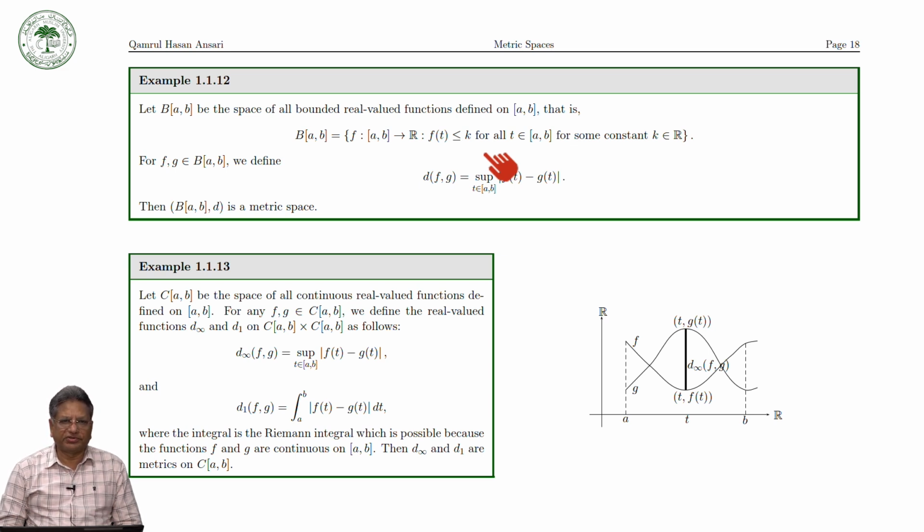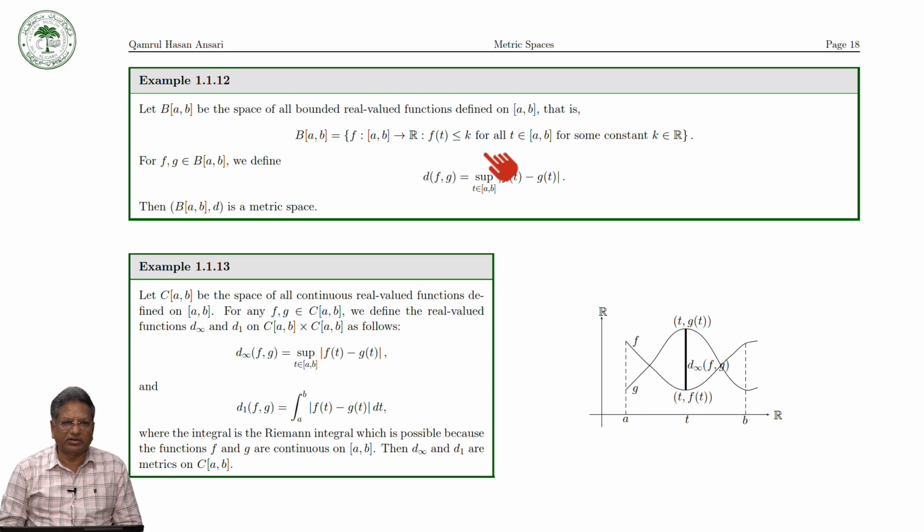As we have seen several examples of a metric defined on Rn, and several metric spaces, namely L infinity, LP, S, and so on.